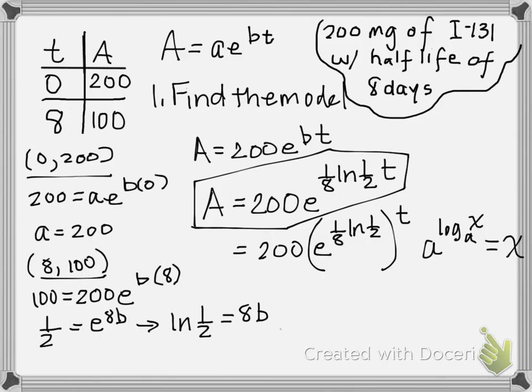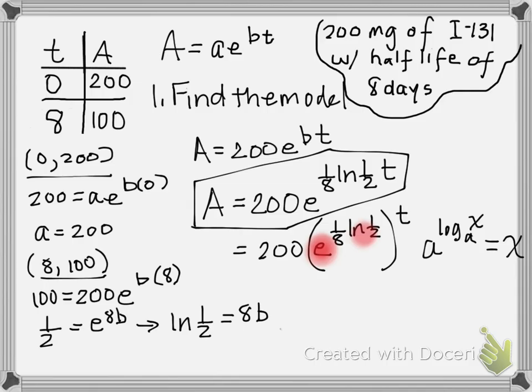So if you look at that and then look at this, I've got a common base here. ln is log base e. So that's like my a to the log base a. I've got e to the log base e.